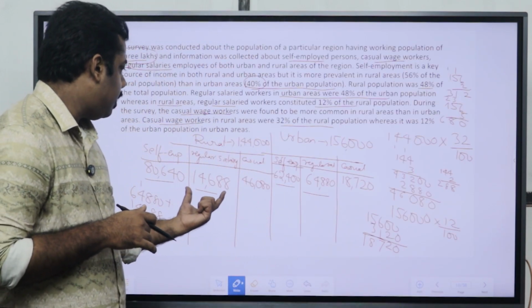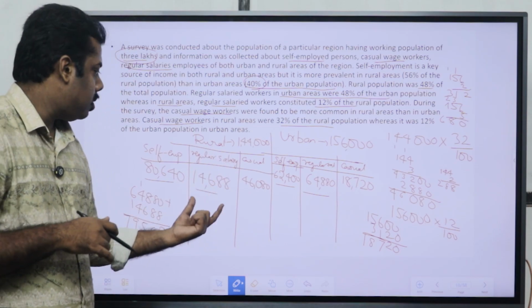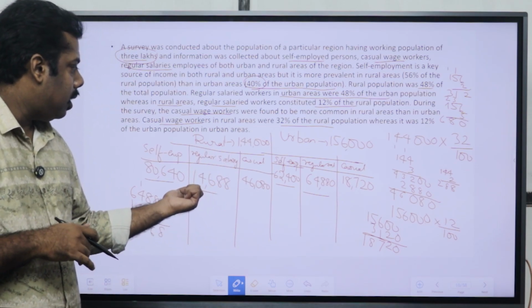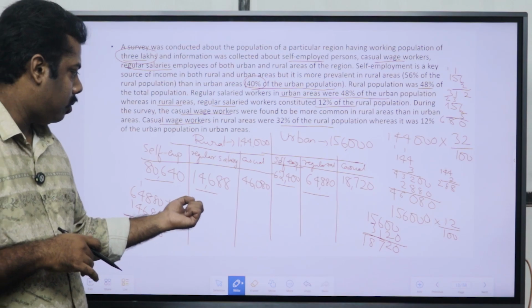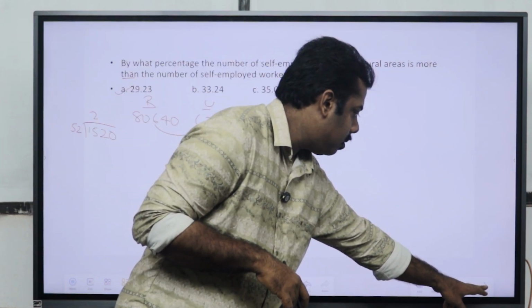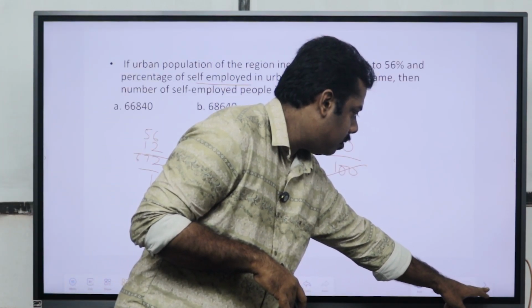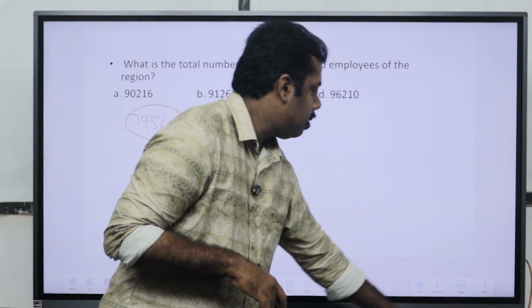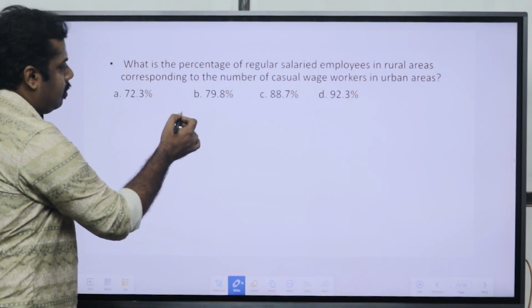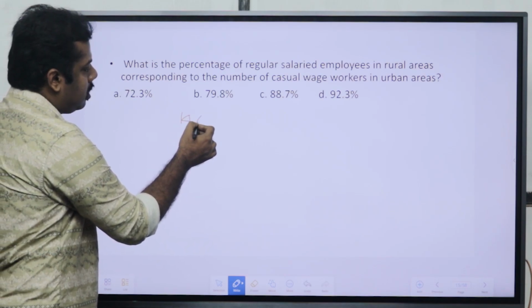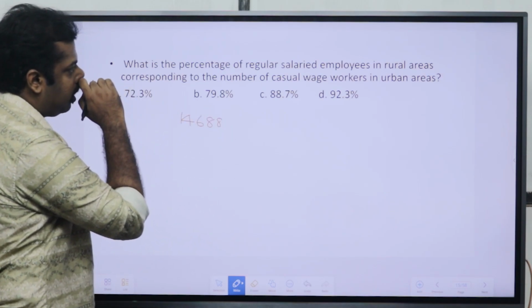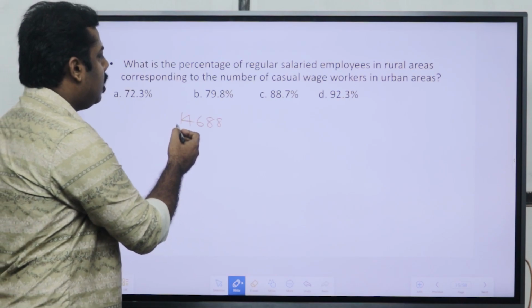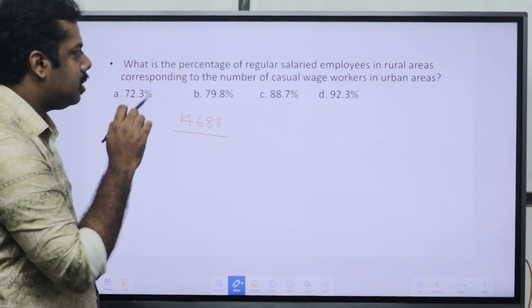So regular salaried in rurals, we just find it out. It was 14,688. Now we are comparing it with the number of casual wage workers in the urban areas.